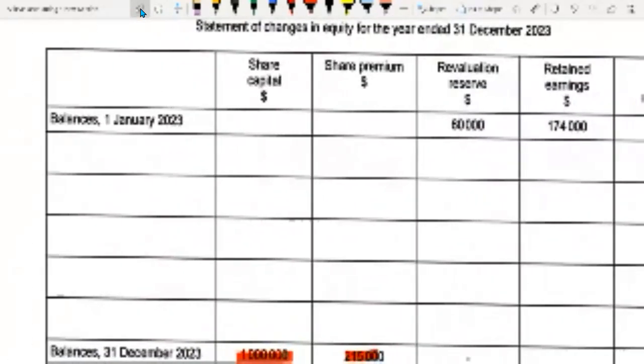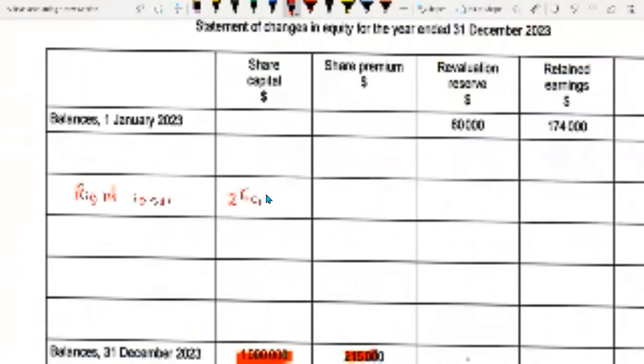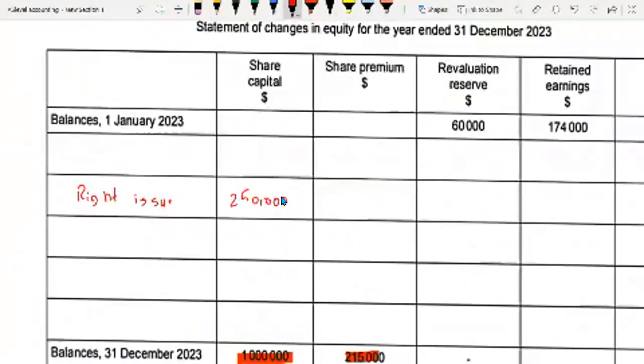So let's write it here. When we do the right issue, at that time we increase the share capital by 250,000. But in the right issue, we can sell our shares at a premium price.